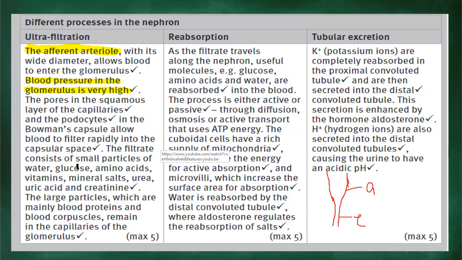Then the filtrate will consist of small particles of water, glucose, amino acids, vitamins, mineral salts, urea, uric acid, and creatinine. The filtrate is what has been filtered from the blood. These are the substances that will be removed from the blood.